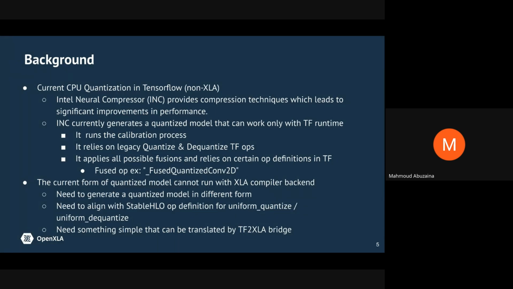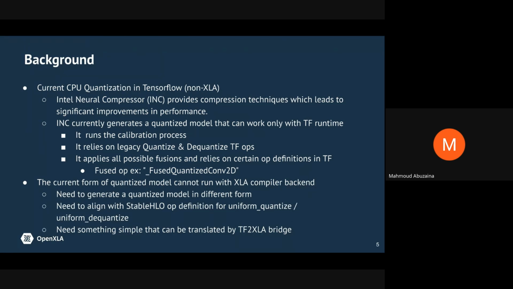So right now, the way it works, INC generates a quantized TensorFlow model with the following characteristics. Basically, it runs the calibration on the model itself, and then it relies also on legacy quantize and dequantize TensorFlow ops. TensorFlow has some legacy ops for quantize and dequantize that are not aligned actually with the newer form that StableHLO has for the definition and the signature of these ops.